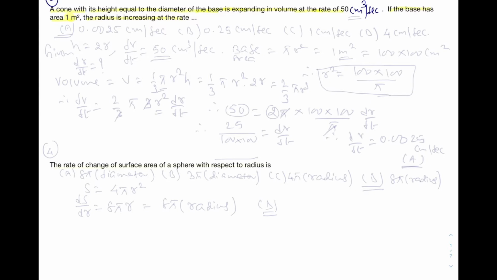Okay, so the options are 0.0025 centimeter per second, 0.25 centimeter per second, 1 centimeter per second, and 4 centimeter per second.